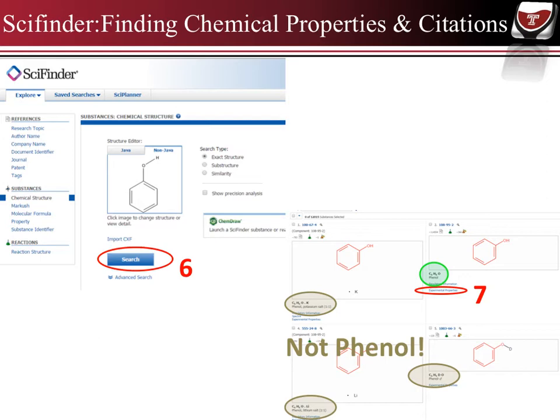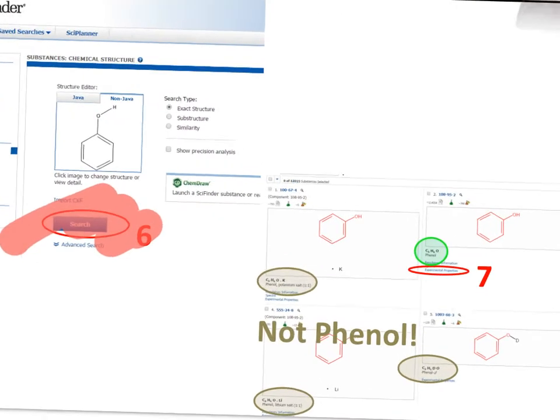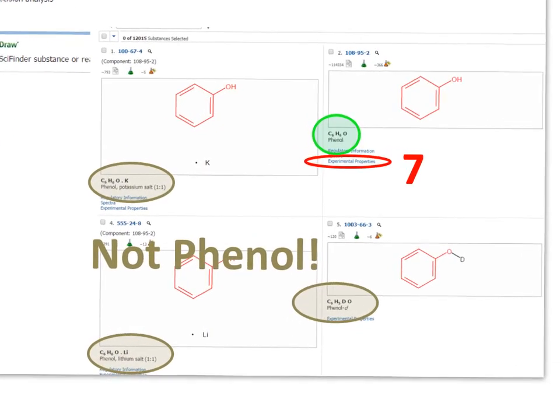It'll leave the editor and go back into this smaller version of the structure, and all you have to do is click search again right here. At that point we get a lot of different options. Here are 4 molecules. They all look like phenol, and yet 3 of them are not phenol. You could get 20 different molecules that aren't the exact molecule you're looking for.